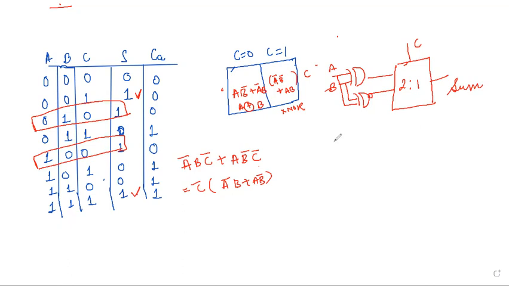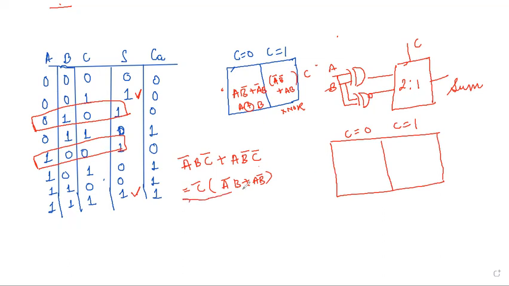Okay. Now same thing we are going to repeat for the carry. So again draw this for carry. First when C is 0, then C is 1. So when C is 0, what are the terms?